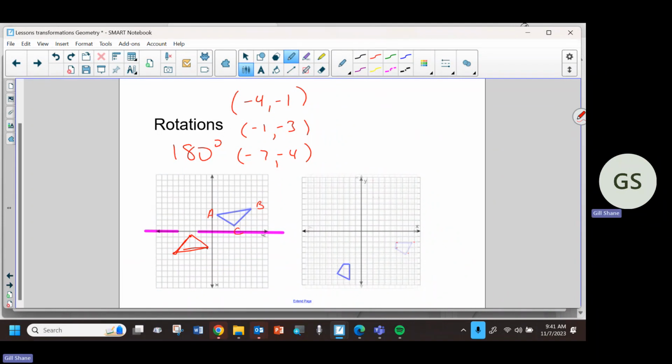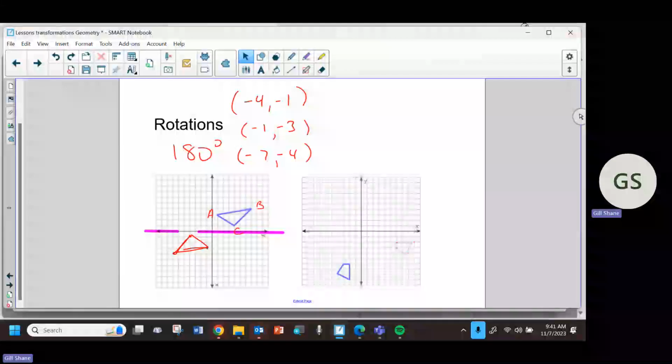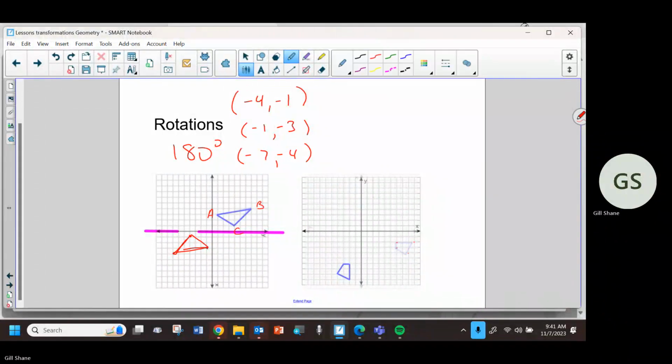Let's see. So here again, quickly, same thing. If I rotated this image 90 degrees counterclockwise, which direction would it turn? What's counterclockwise?